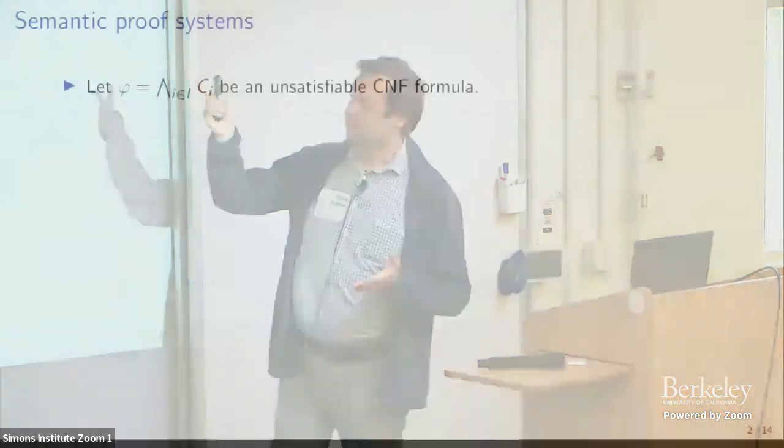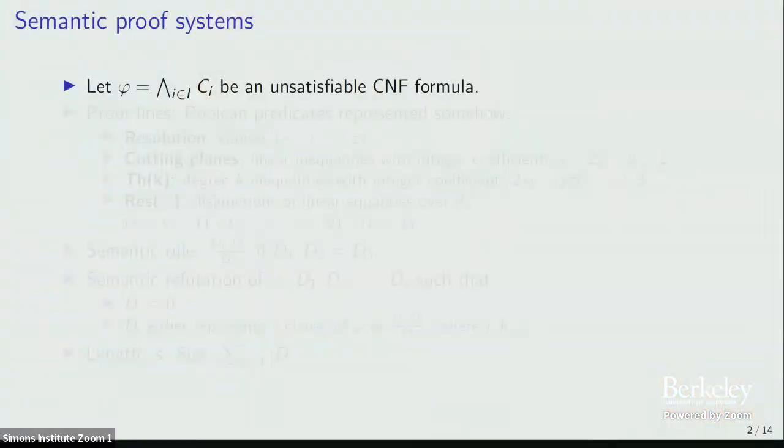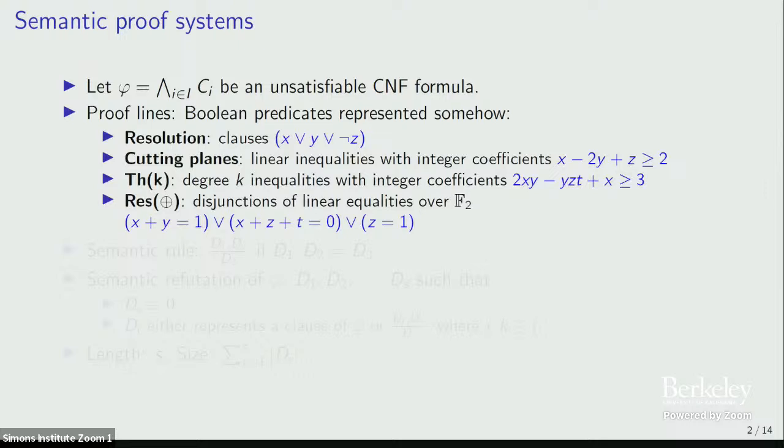Consider we have an unsatisfiable CNF formula, and we want to show that it is unsatisfiable. The notion of semantic proof system is based on the notion of proof line. For our case, a proof line is just a Boolean predicate that is represented somehow. For example, for resolution, proof lines are clauses. For cutting planes, proof lines are linear inequalities with integer coefficients over Boolean variables.